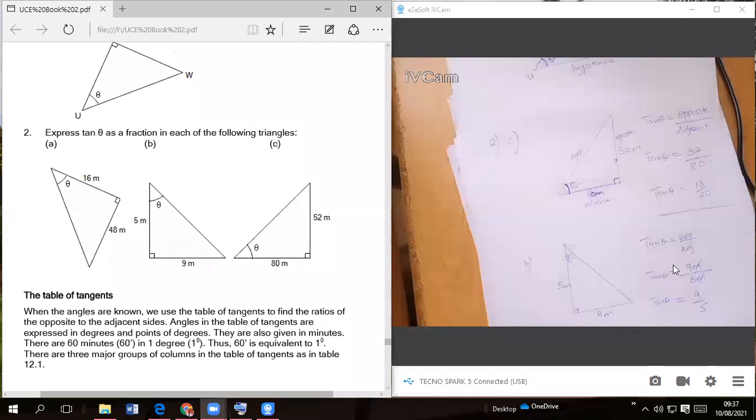Sherry, are you typing? Okay, 48 over 16 is, okay, 48 over 16. That is correct. And then when you simplify, you get 3 out of 1. That is correct. Thank you very much.